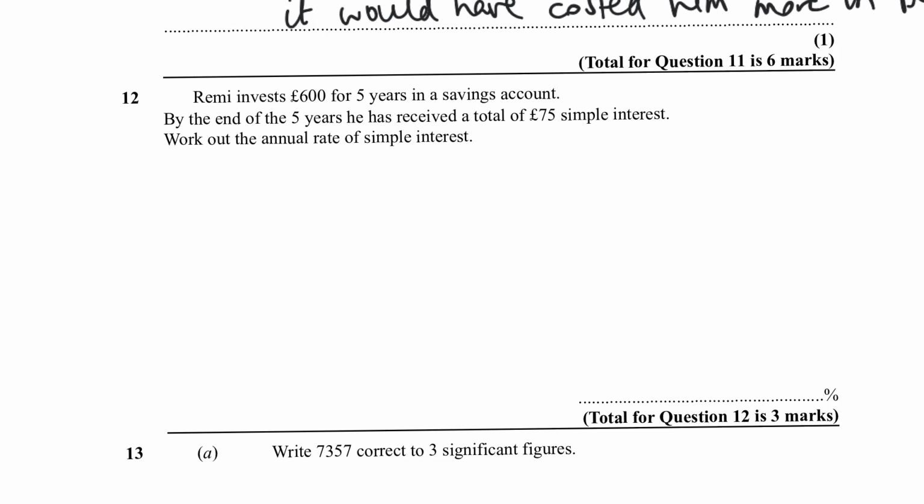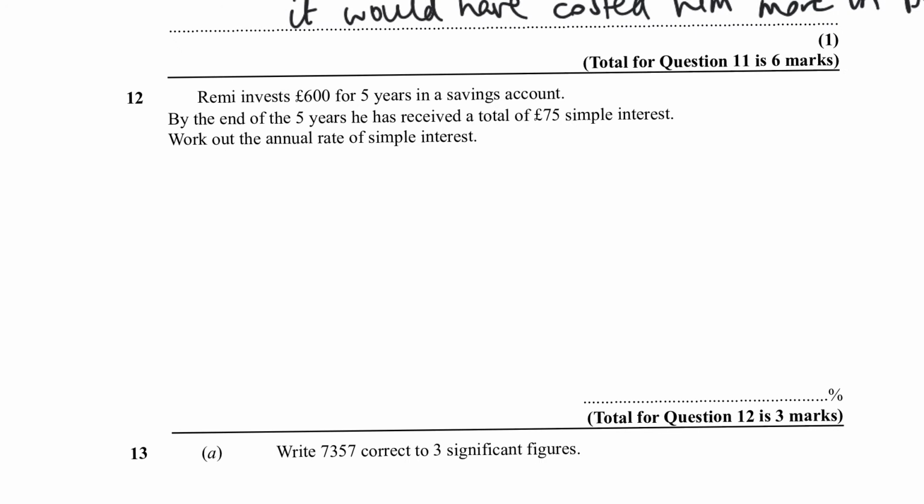So if he's invested £600 for 5 years, simple interest usually is the same amount added each time. So it's not like compound interest, where over 5 years it would be the rate, which I'm going to put R, to the power of 5, and then that would give you an amount.